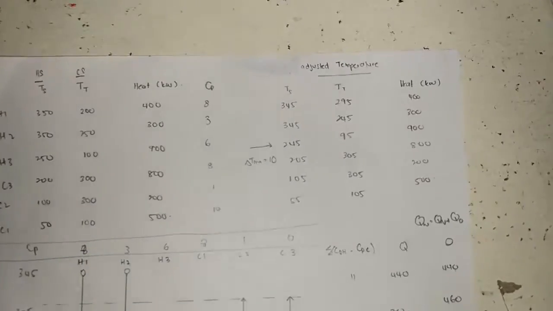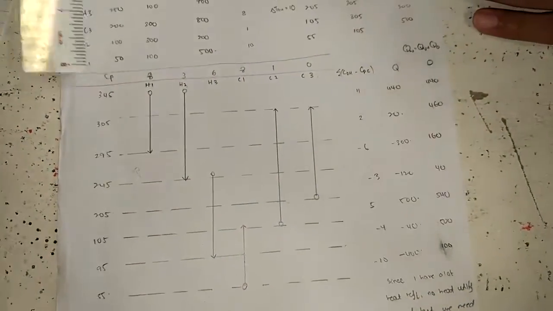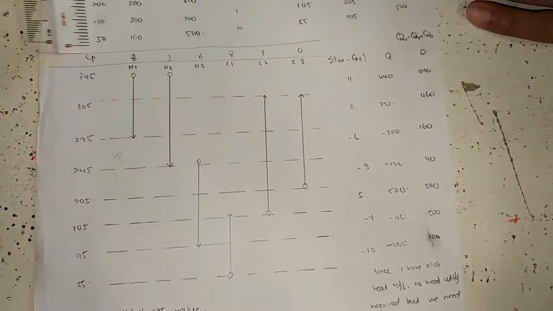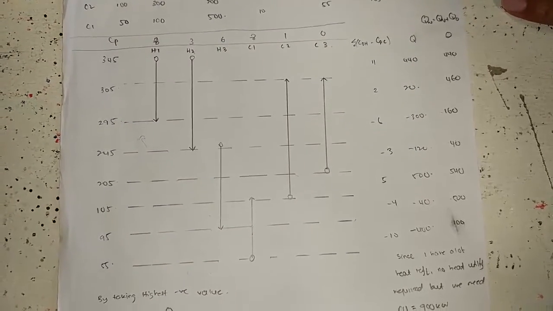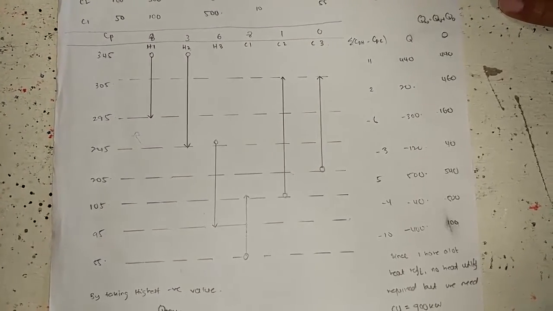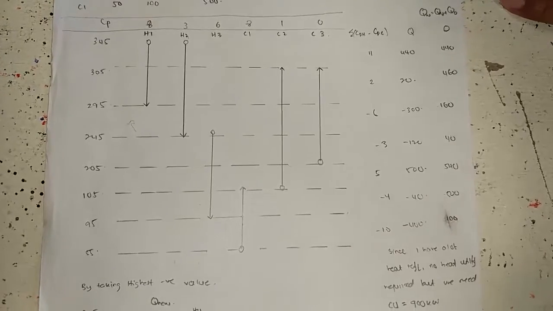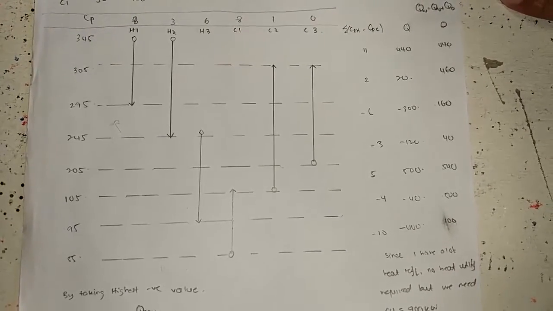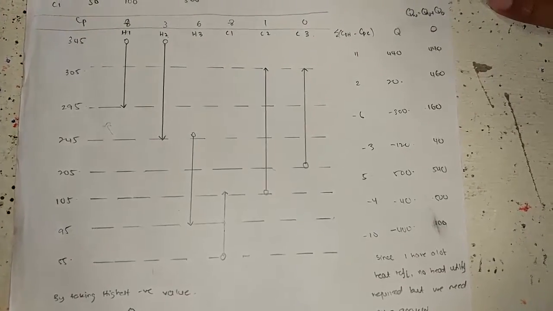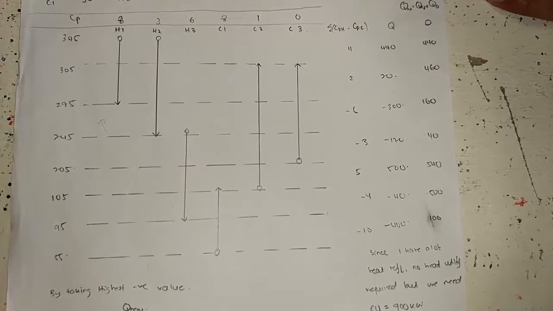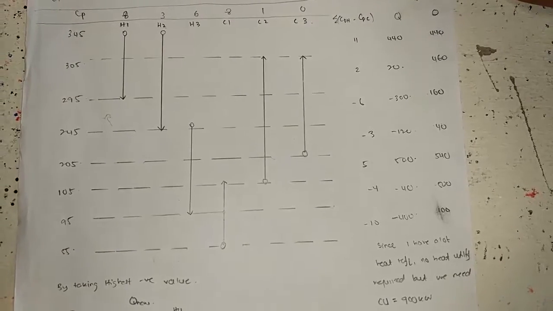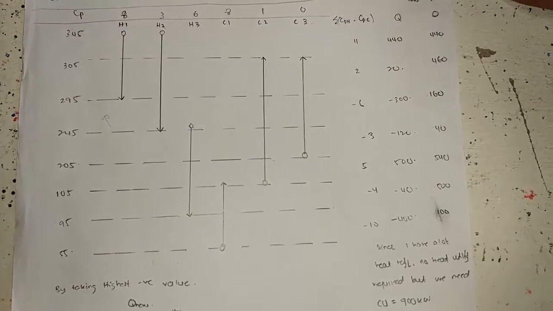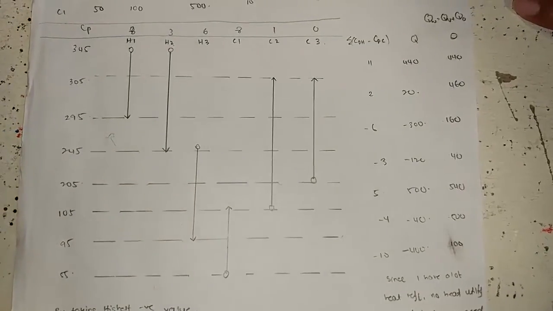After getting the adjusted temperature, first you must arrange the temperatures from the lowest to the highest, and then plot the streams from the supply temperature to the target temperature. For the 3 hot streams, the cooling of the hot streams and the heating of the cold streams occur.